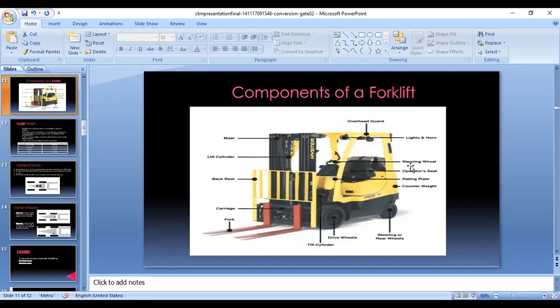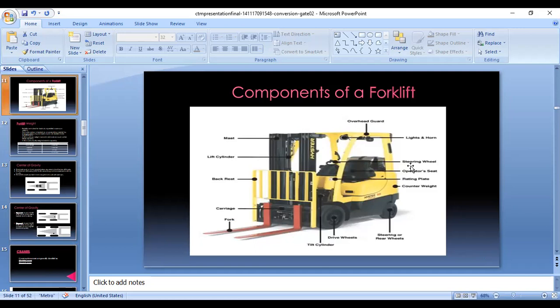Here is the steering wheel, which is circular, and there's a mast which provides a guard and withstands the lifting load. This is the backrest, where the materials we are lifting can be rested or supported.